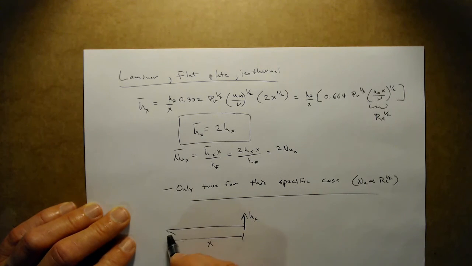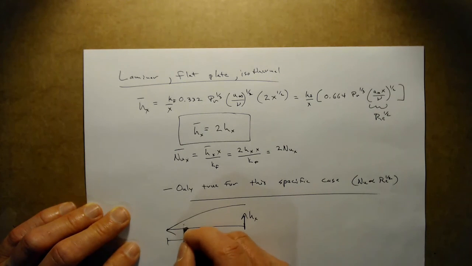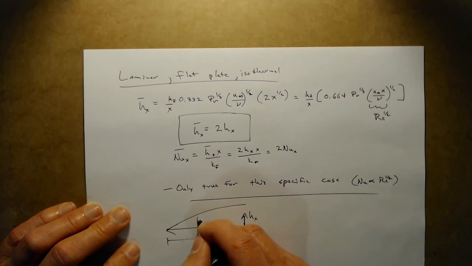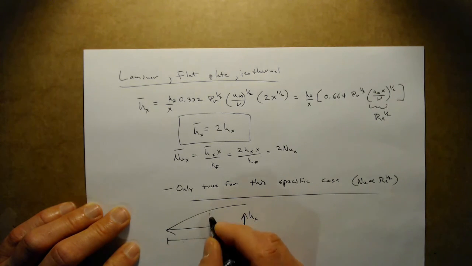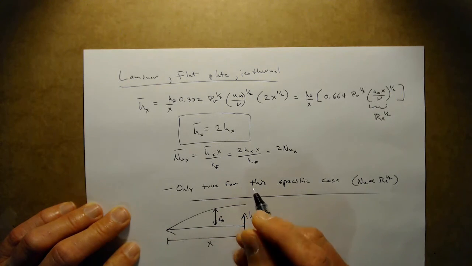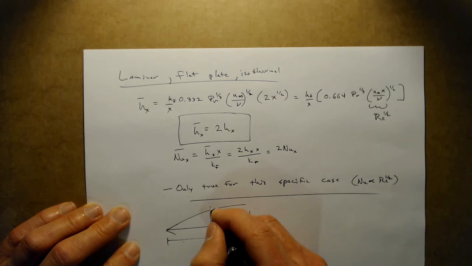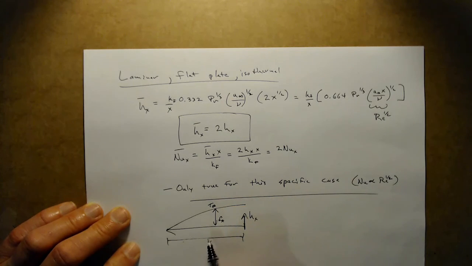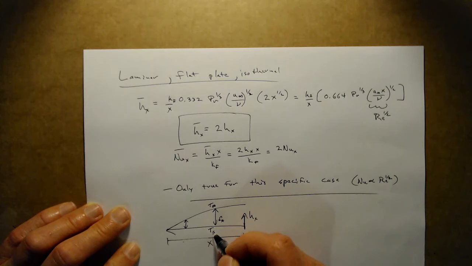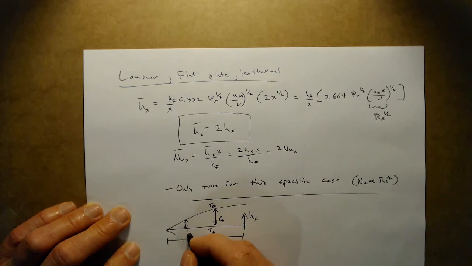And that makes sense because we know the boundary layer is growing from the leading edge to the position x, and as that boundary layer grows, the temperature gradient is decreasing. The thermal boundary layer is telling us the distance over which heat has to diffuse to reach the free stream temperature. So as this distance increases, we would expect the rate of diffusion to decrease because our gradient is getting smaller.